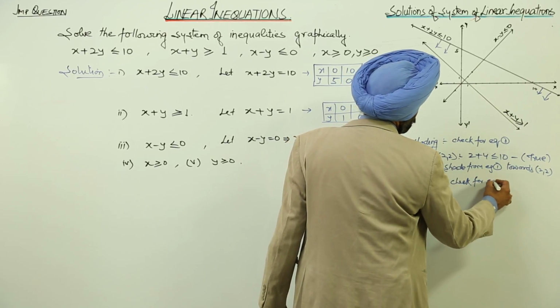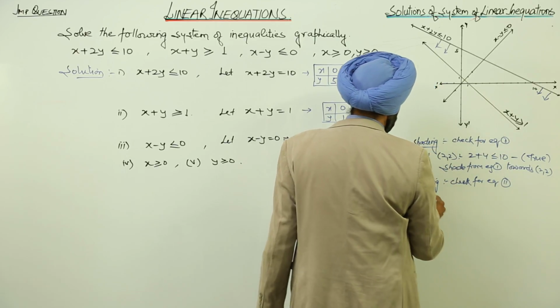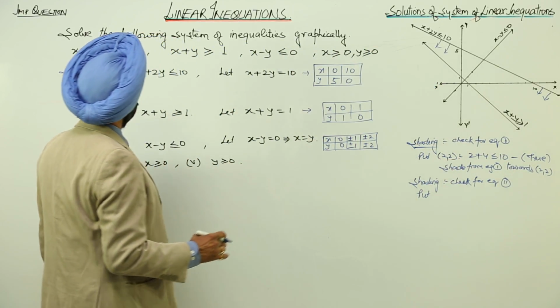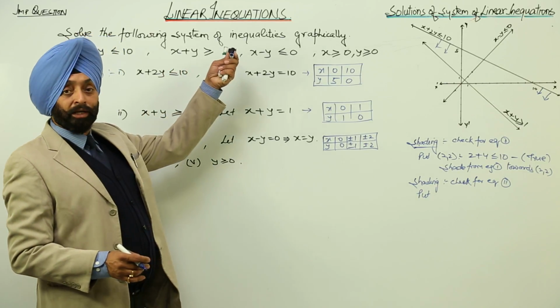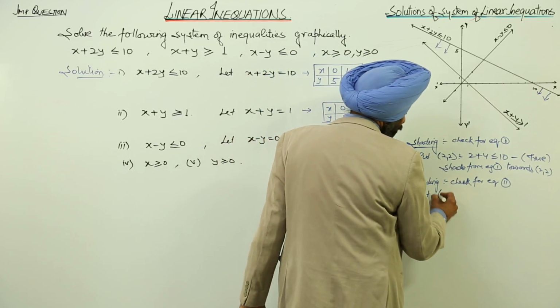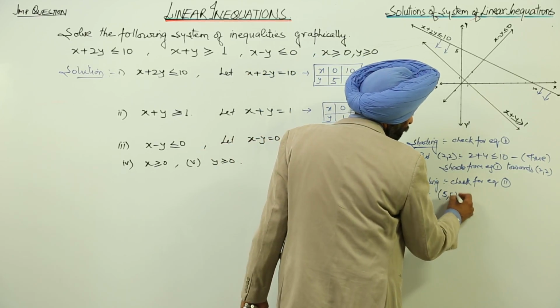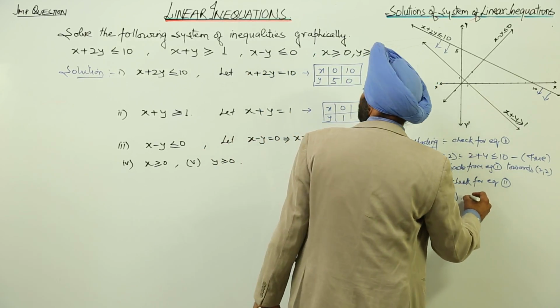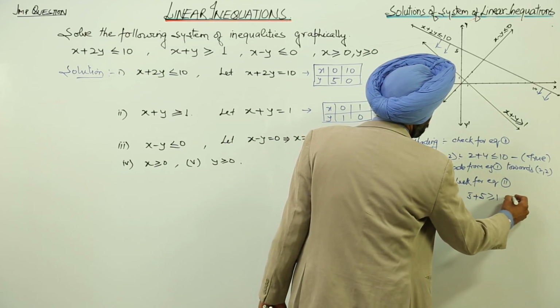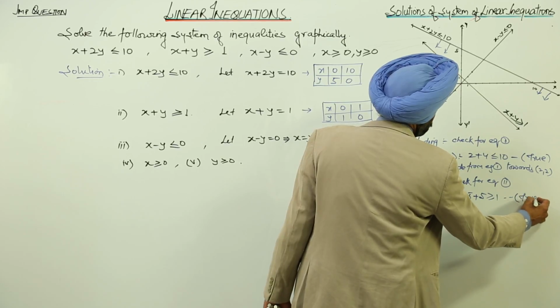Check for equation 2. Now again we want here for equation 2, x plus y is greater than or equal to 1. So let's put 5, any point whichever you wish, but it should make the equation true. Now this becomes 5 plus 5 is greater than or equal to 1, which is also true.